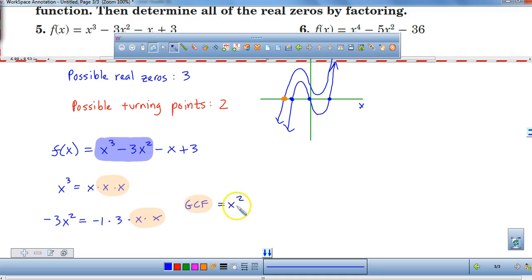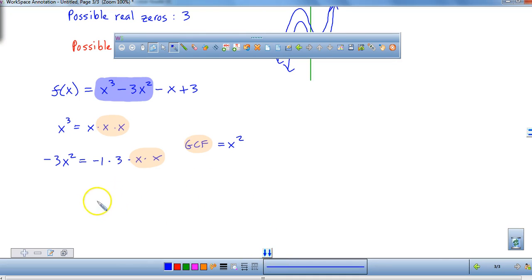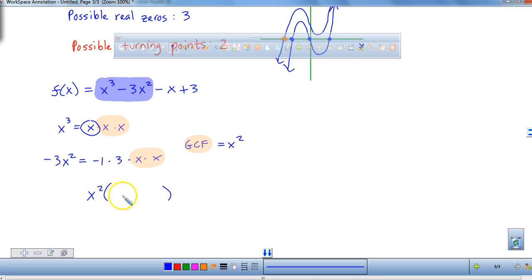So I'm going to factor this out of both of those. If I factor x squared out of x cubed, I'm just left with x. And if I factor an x squared out of a negative 3x squared, I'm left with a negative 1 times a 3, so I'm just going to put minus 3.